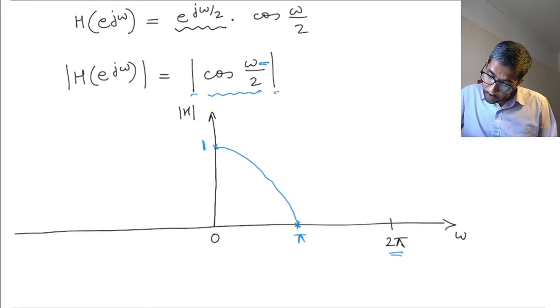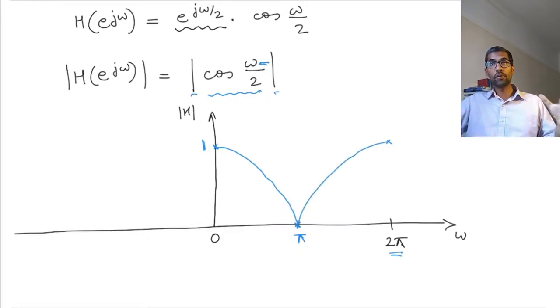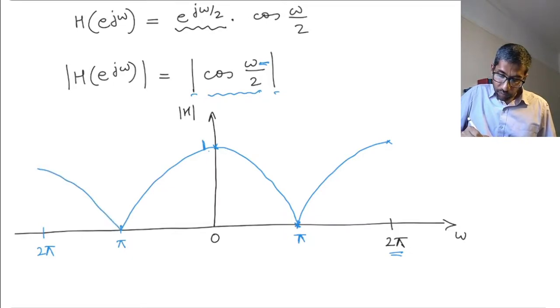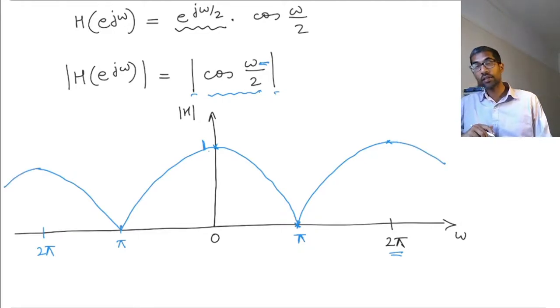So it's going to go like this, and this is going to be repeated on both sides. We can plot it by repeating the same pattern on both ends. It just keeps repeating itself on both sides like this. So that is our characteristic.